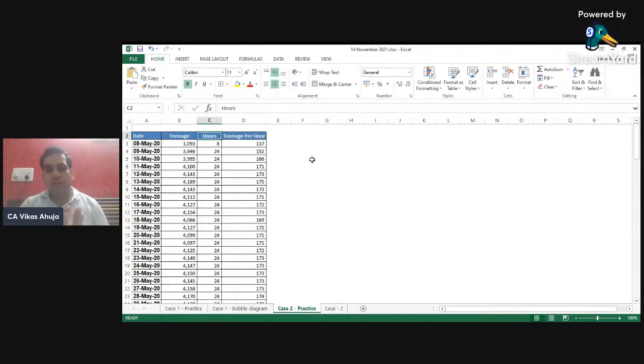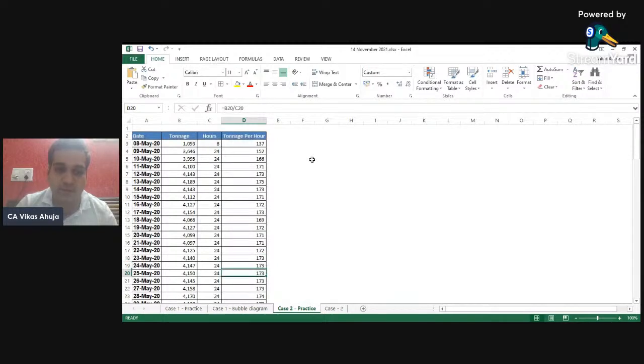I have considered only one product. Actually, there were more than one product, but I have considered one product because when we make this kind of graph, it's better to make it product wise. So this is the tonnage per hour that is getting produced.